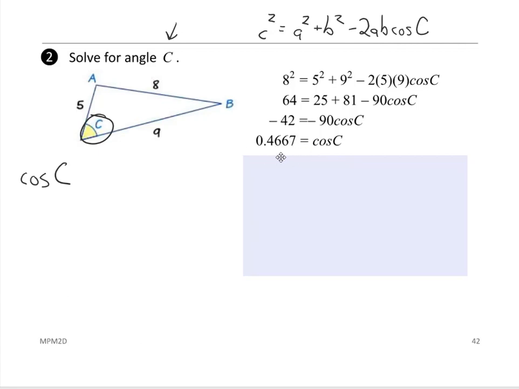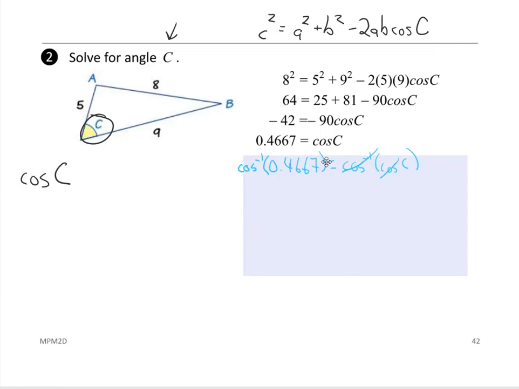And to get rid of the cos next to the C, we have to do the opposite to both sides. So at this step here, we're going to take the cos inverse of this decimal, which equals cos inverse of cos C, because remember, when we do the cos inverse of cos, it cancels itself out.